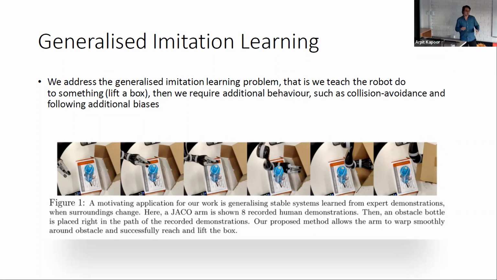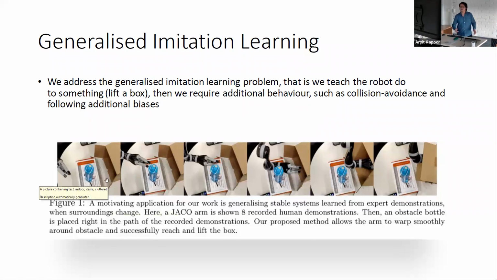Now we want the robot to move in this direction for a bit and then lift up the box. So here's a motivating problem: if you show the robot how to lift a box, and suddenly you have a water bottle there, how do you get this robot to generalize and still do this box lifting motion?